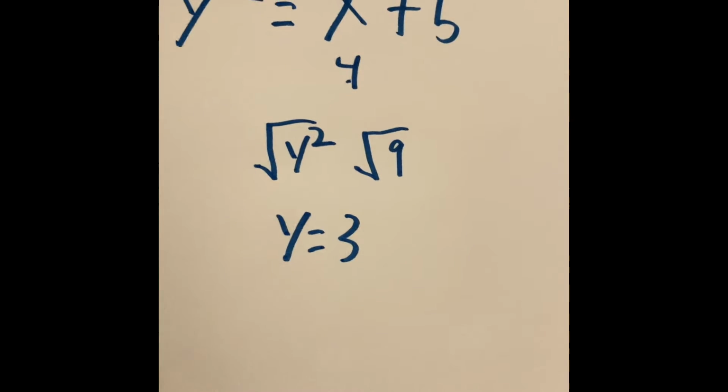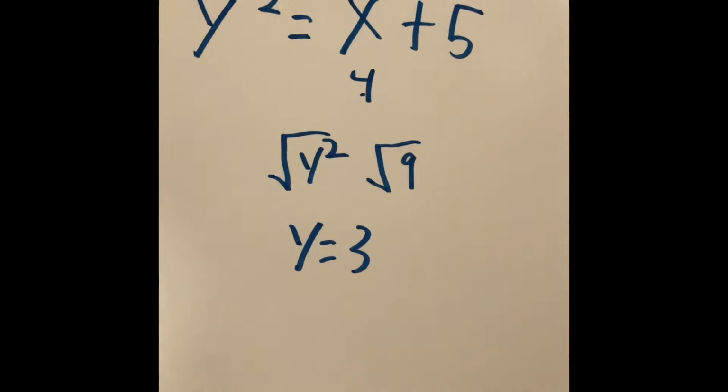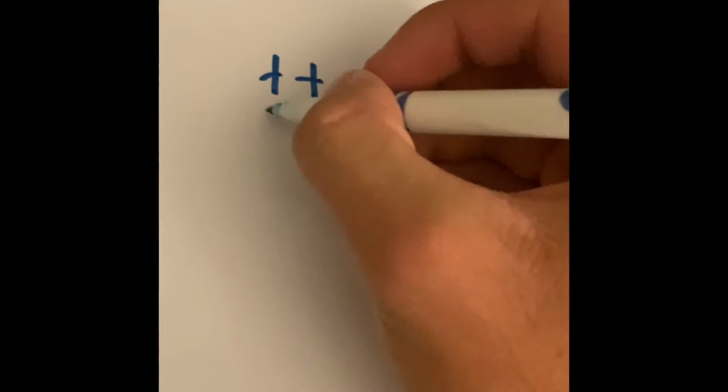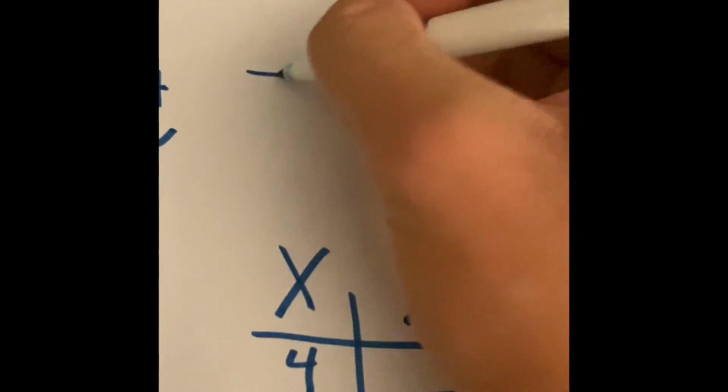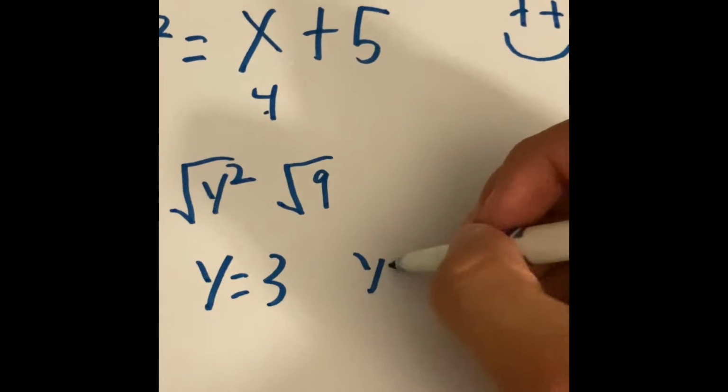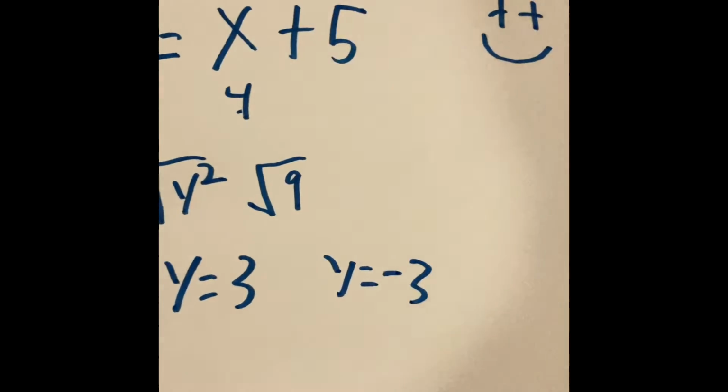But wait, there is another answer that we're going to find. Since a positive multiplied by a positive is going to become a positive, also a negative times a negative is also going to be a positive. So y can also equal negative 3.